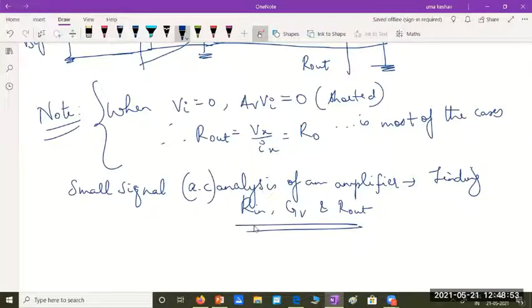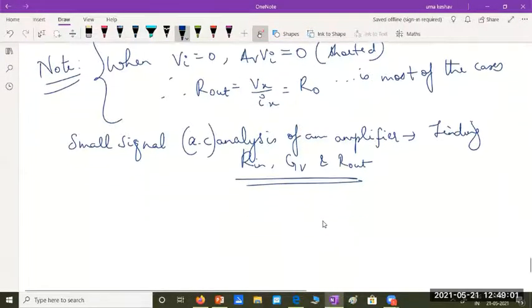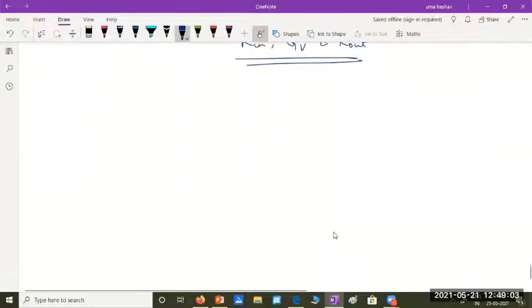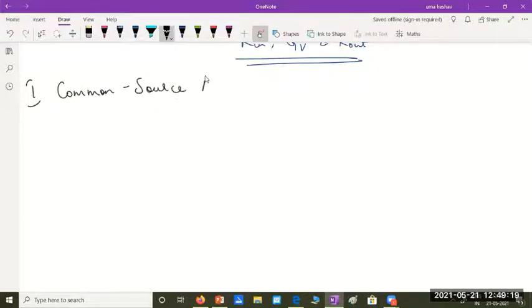So very often in the problems, they'll just ask you to perform the complete AC analysis of an amplifier. Then these are the things you should perform. Okay, you should find out. Now we'll go to an actual MOSFET amplifier and we will try to find these things. So the first type of amplifier which we will consider is the common source amplifier.